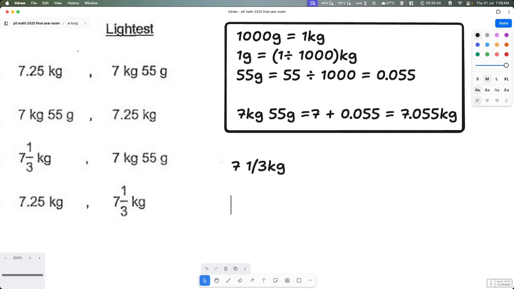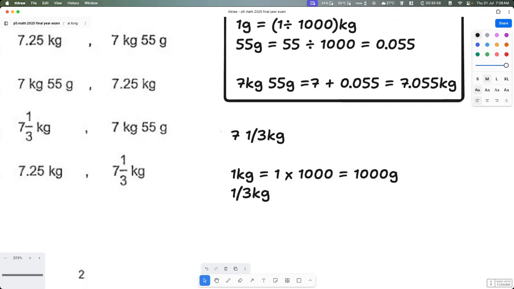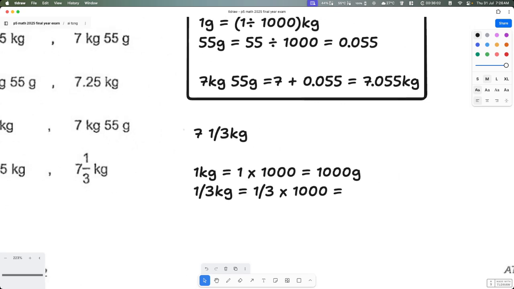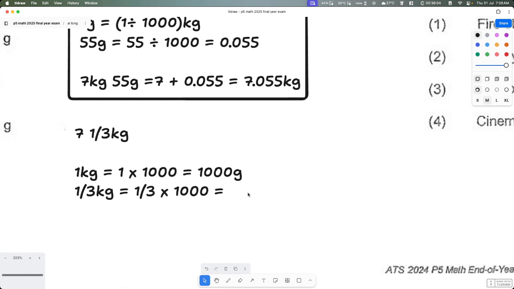Basically 1/3 kilograms. 1 kilogram is equal to 1000 grams, or basically 1 times 1000. So 1/3 is basically 1/3 times 1000. To summarize, this will be around 333.